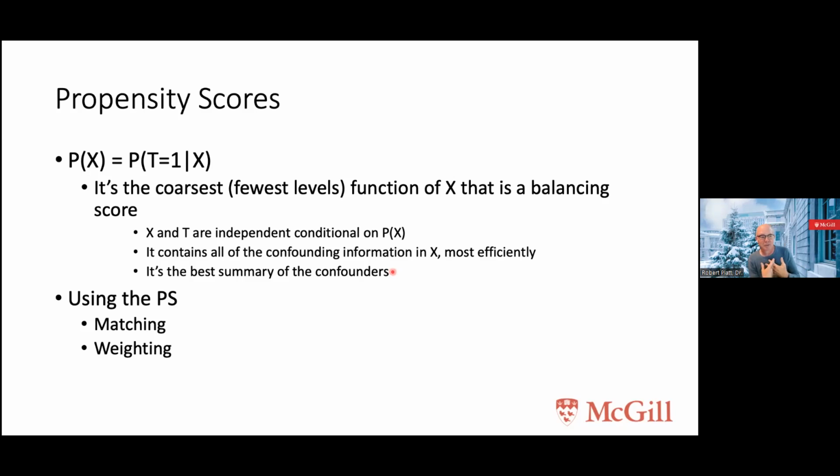If someone else is in the database and they also have a propensity score of 0.3, it doesn't matter if we're different ages, different genders, different smoking habits, different exercise habits, different comorbidities, et cetera, as long as we both have the same propensity score.